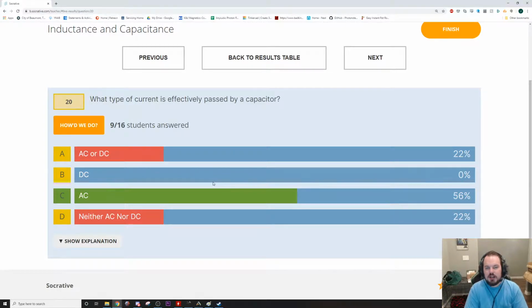That's also why the higher your frequency, the lower the opposition to the change of voltage it provides. Just like a balloon, it gets harder and harder to inflate the more you inflate it. A capacitor is the same way.